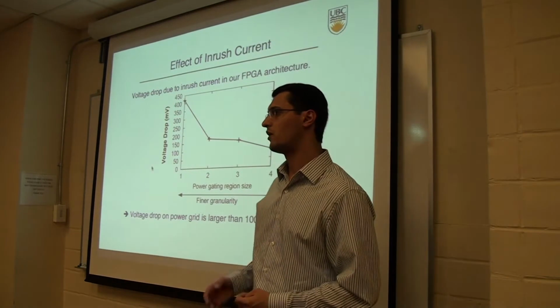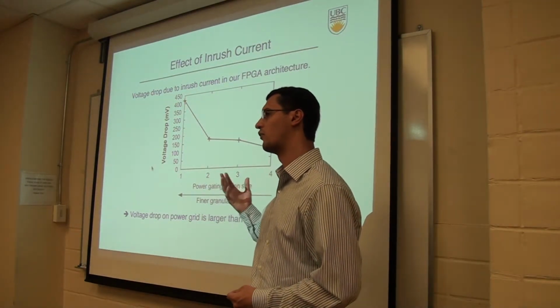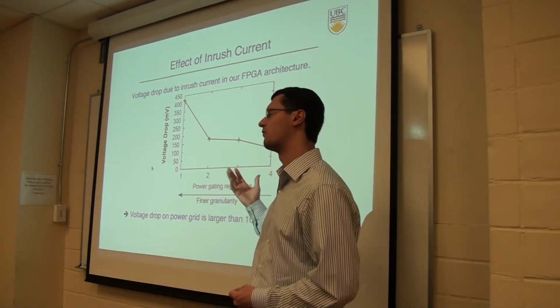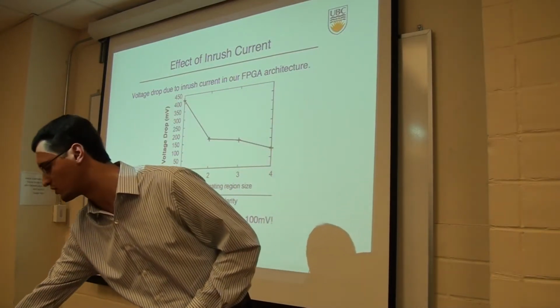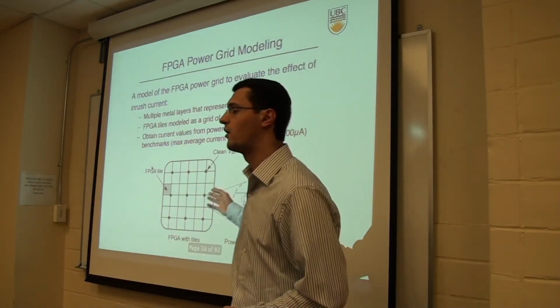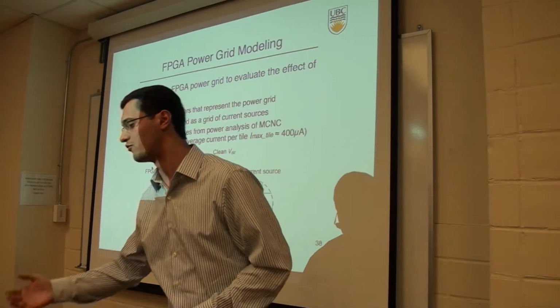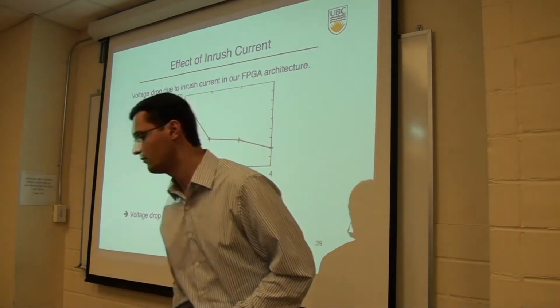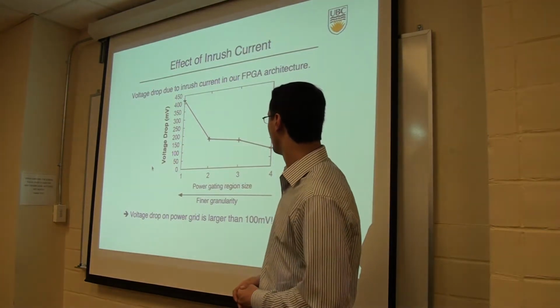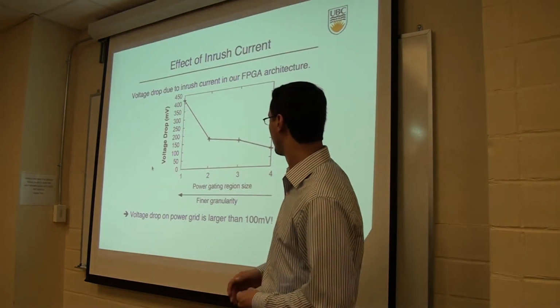And we studied, if we replace those current sources I showed in the previous slides by the amount of inrush current for the power gating architecture, what the voltage drop will be. This figure shows the voltage drop for different region sizes.